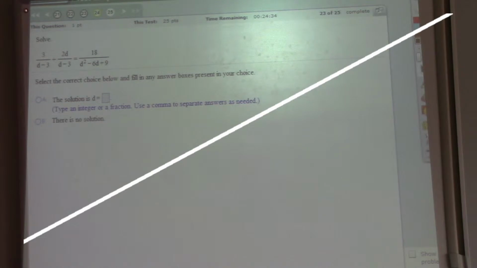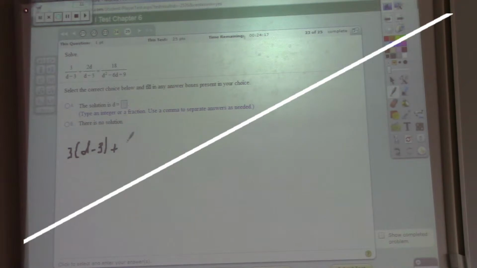So, if you multiply through by the common denominator, you're going to get 3 parentheses d minus 3 plus 2d times d minus 3 is equal to what? 18.